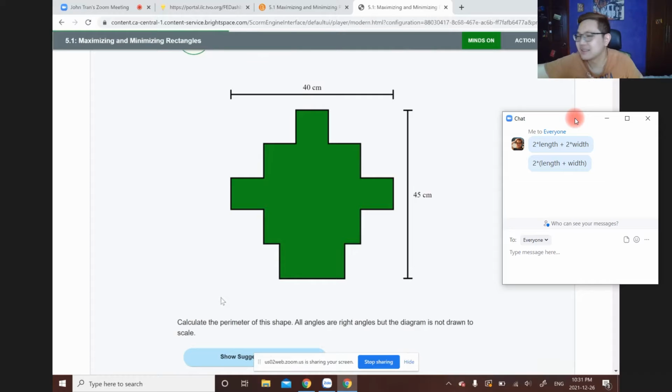Wait, let me check these things. I'm checking if these sides are the same length. They are not of the same length. One is like 17, one is like 19. It's not exactly the same.